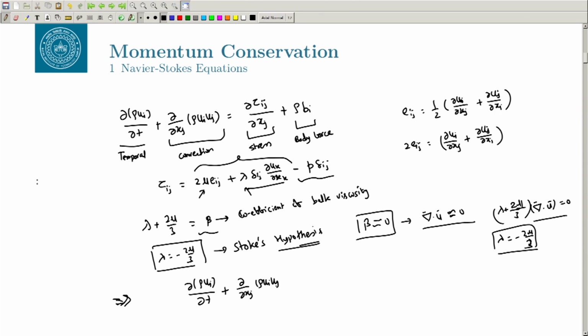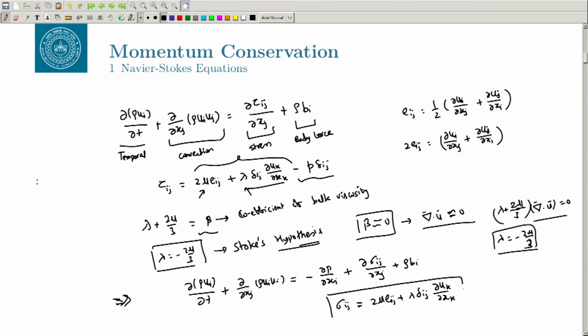Rho u_i u_j is equal to minus del p by del x_i, plus del sigma_ij by del x_j, plus rho b_i, where sigma_ij is the deviatoric part: 2 mu E_ij plus lambda delta_ij del u_k by del x_k.